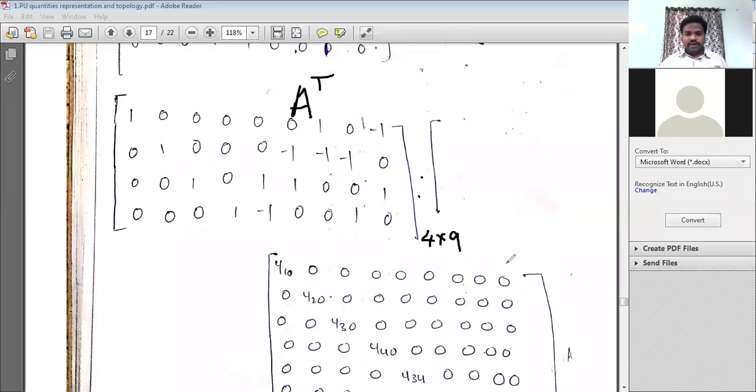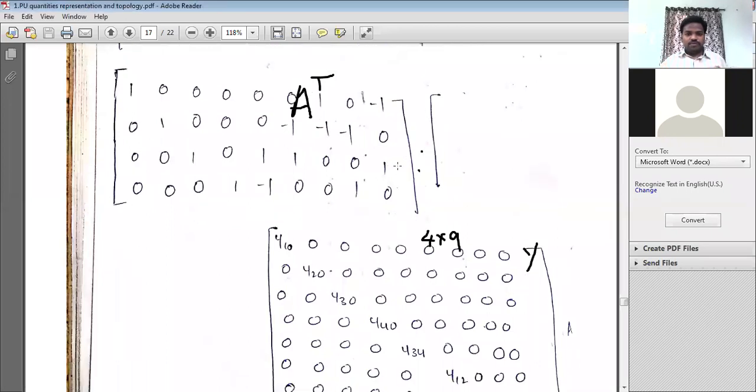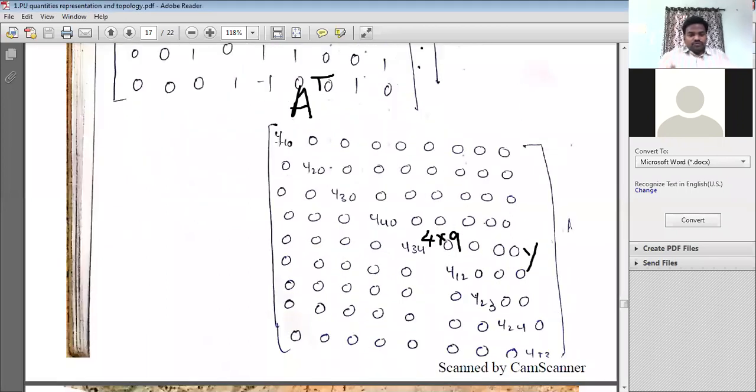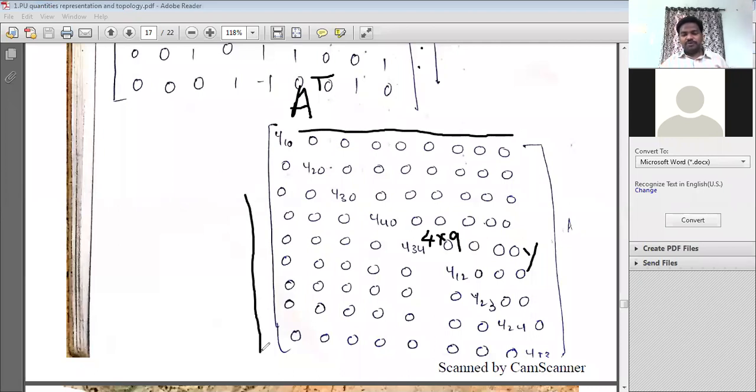Now this is the admittance matrix that was given. In the problem itself, it is mentioned that all the diagonal elements are Y10, Y20, Y30, Y40, Y34, Y12, Y23, Y2. These are the upper half diagonal elements and these are the lower half elements.